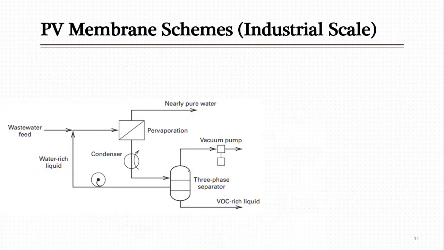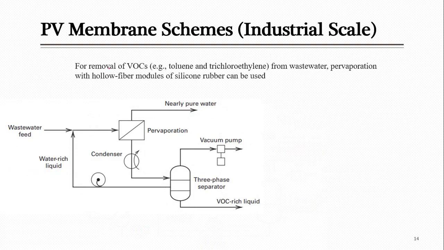Another usage is, for example, the removal of VOCs. VOCs are volatile organic chemicals, for example toluene, trichloroethylene, benzene, xylene. A lot of these are considered under the category of volatile organic chemicals because they are usually volatile even at low temperatures like room temperature.